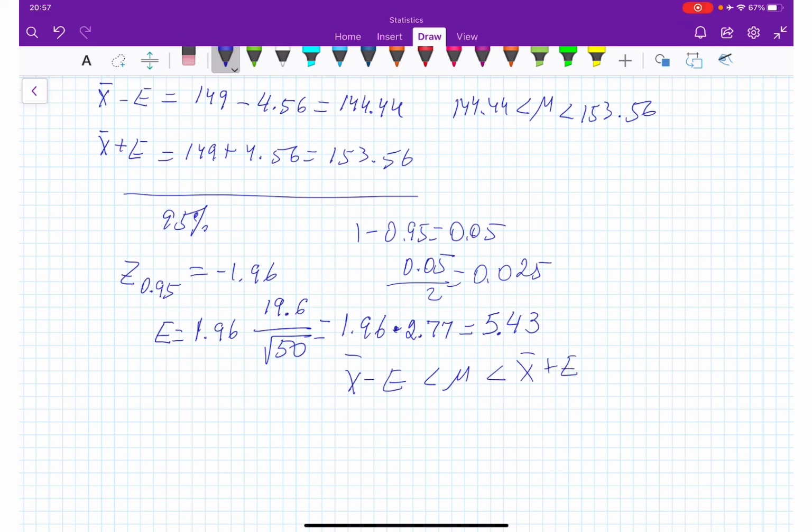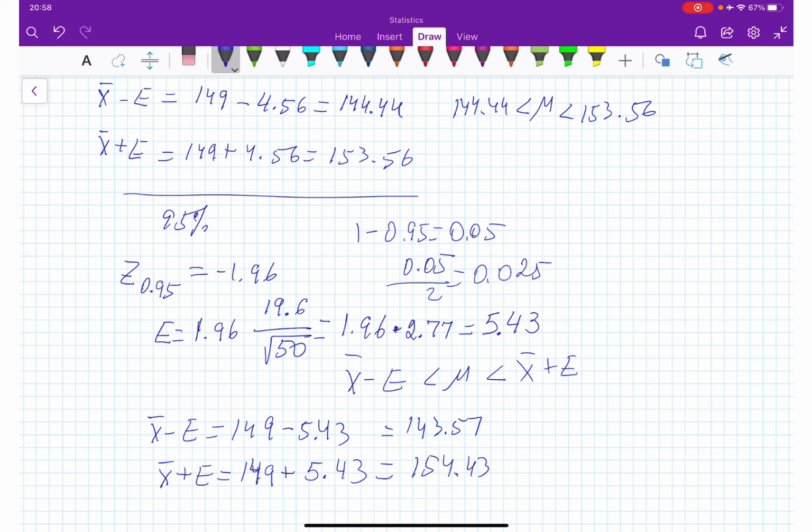We have x bar minus error equal to 149 minus 5.43, and x bar plus error is going to be 149 plus 5.43. 149 minus 5.43 is going to be 143.57, and 149 plus 5.43 is equal to 154.43, which means the interval is going to be 143.57 comma 154.43.